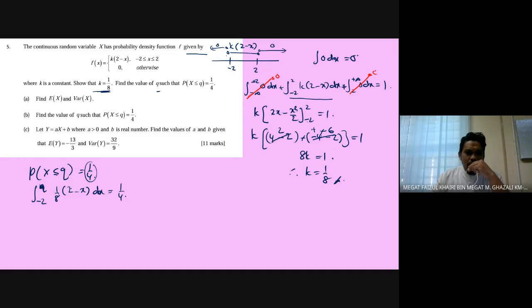So 2 divided by 8 is 1 over 4. Integrate 1 over 4 is 1 over 4 x, and then minus 1 over 8 x squared divided by 2, from -2 until q is 1 over 4.